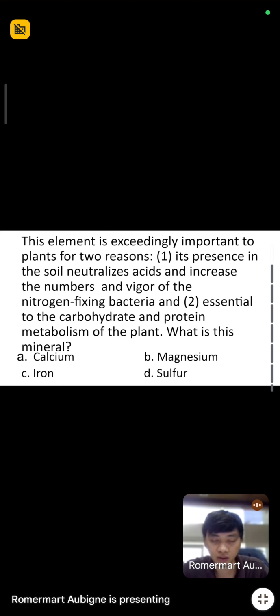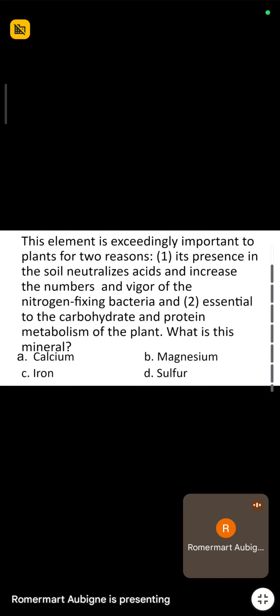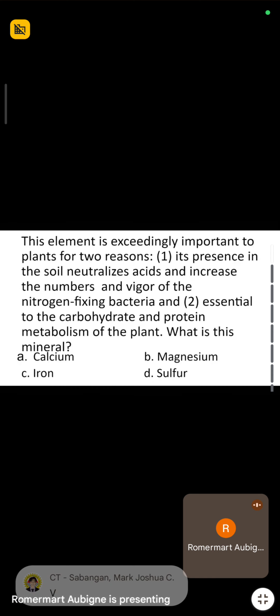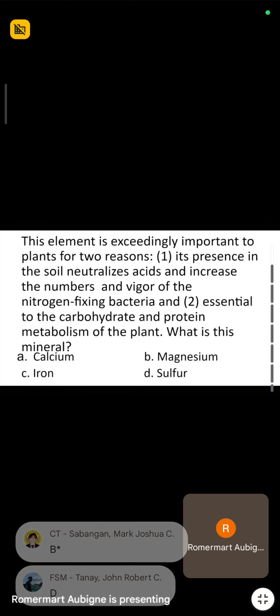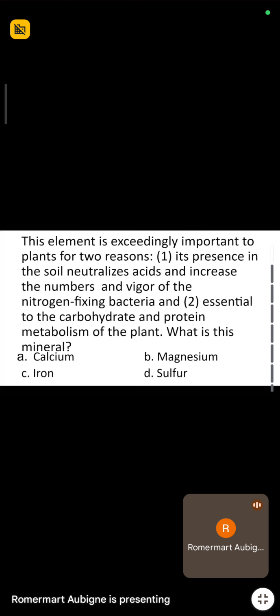One, its presence in the soil neutralizes acids and increases the number and vigor of the nitrogen fixing bacteria, and two, essential to the carbohydrate and protein metabolism of the plant. What is this mineral?